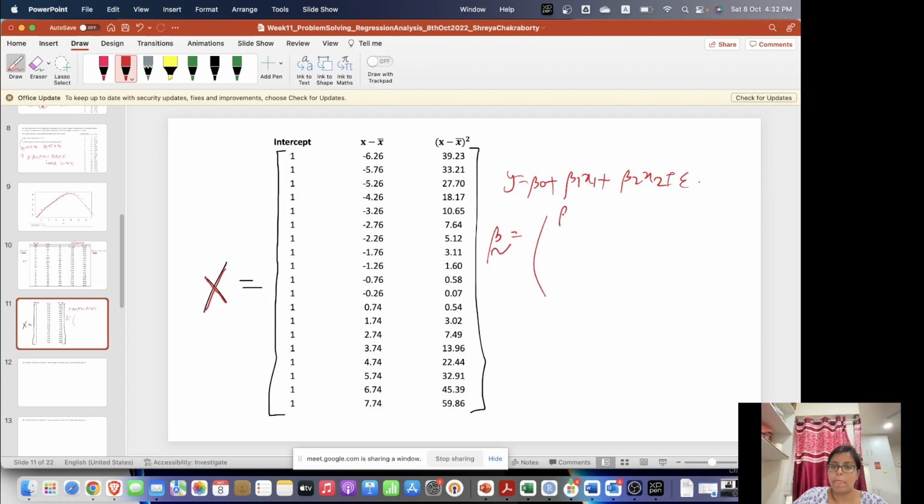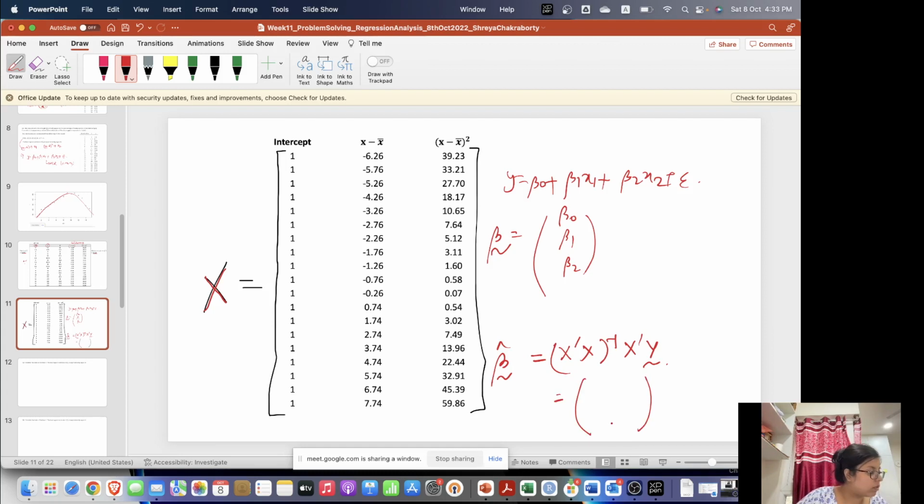Beta hat is nothing but x transpose x inverse x transpose y. So we just need to compute x transpose x inverse x transpose y, and then we would get three terms.